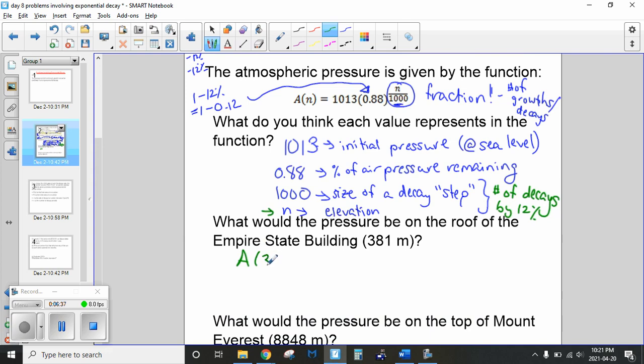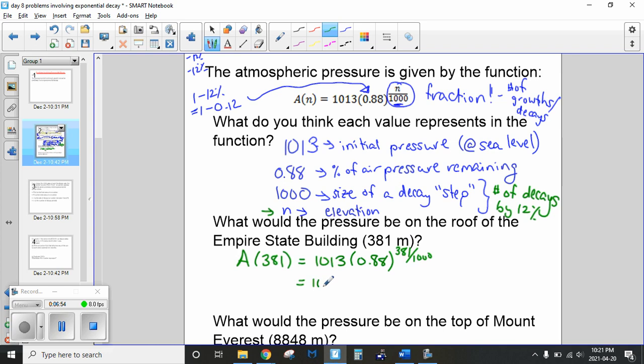Atmospheric pressure at 381 meters. And I'm just copying the rest of that formula. And this will be 381 divided by 1,000 will be the exponent.